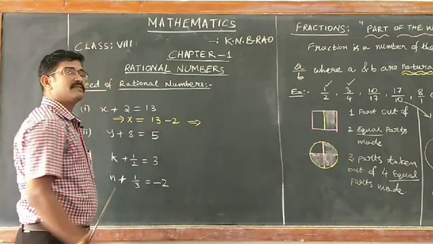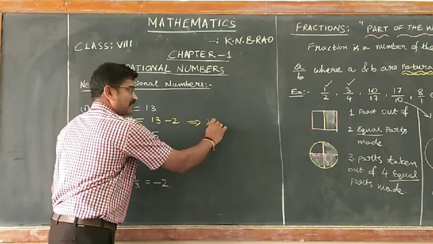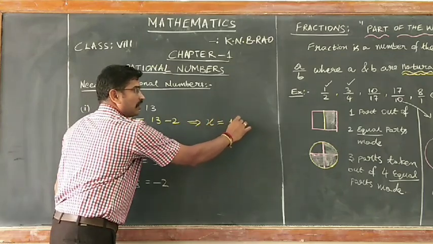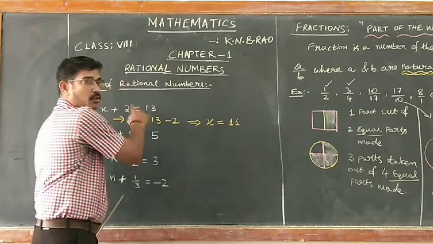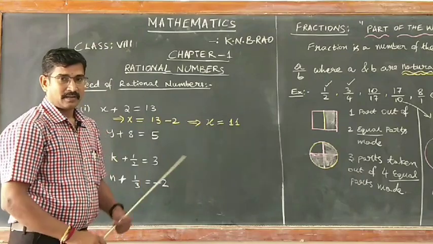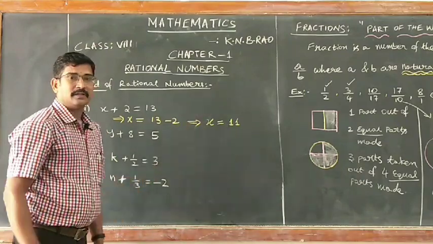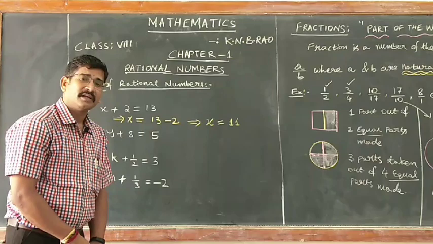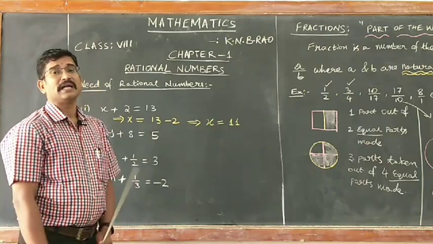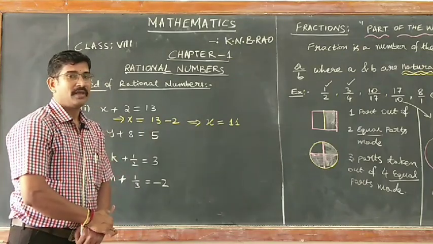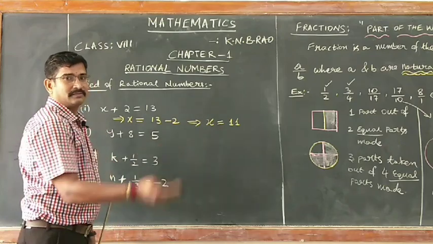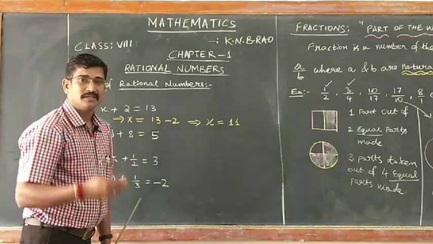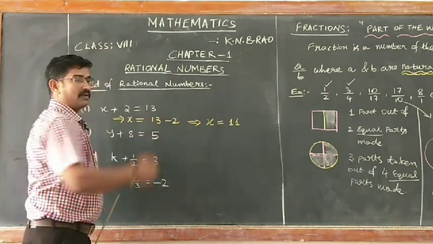Now, when you solve for the value of a variable, it gives certain numbers. Here in this case, the value of the variable x, which is also called the solution of this equation, is 11. Try to understand what type of number it is. It is a natural number. So, we require natural numbers as part of the solutions of simple equations.